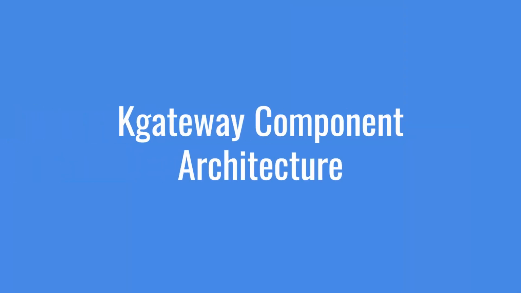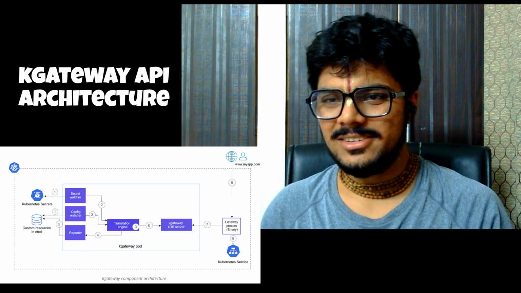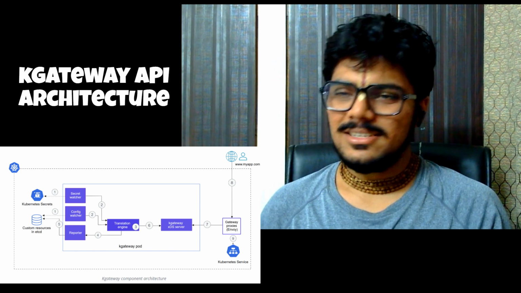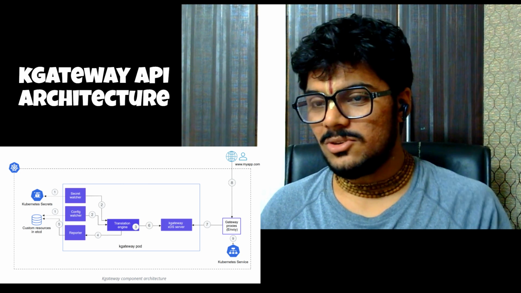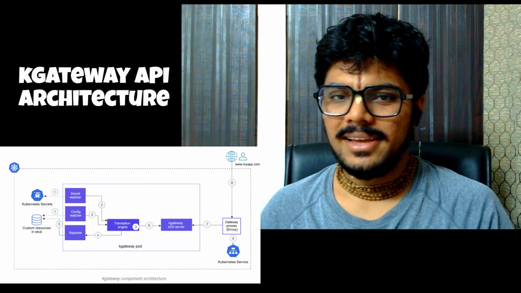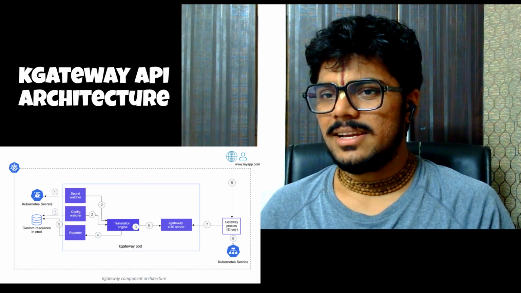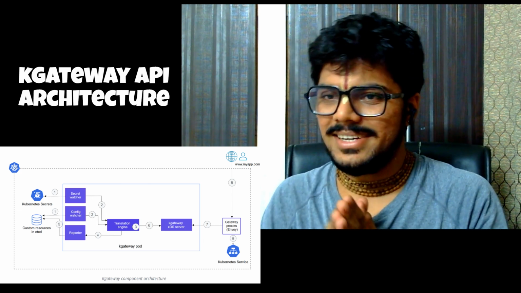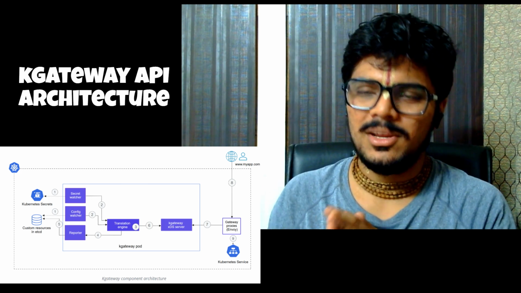First of all, let's try to understand the component architecture of this project. You might be seeing a diagram of the kgateway project somewhere on the screen. It has various components of your gateway API. The main function is that it works on the namespace version, which is a bit different from the other gateway APIs.